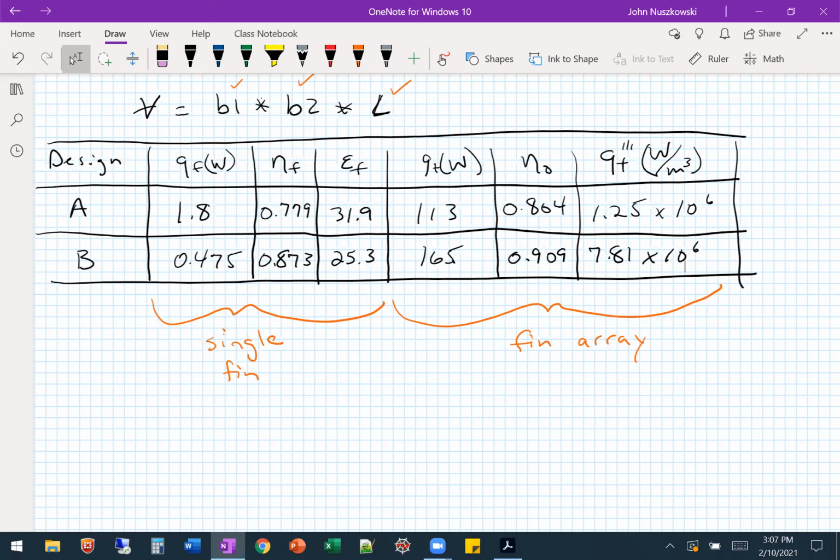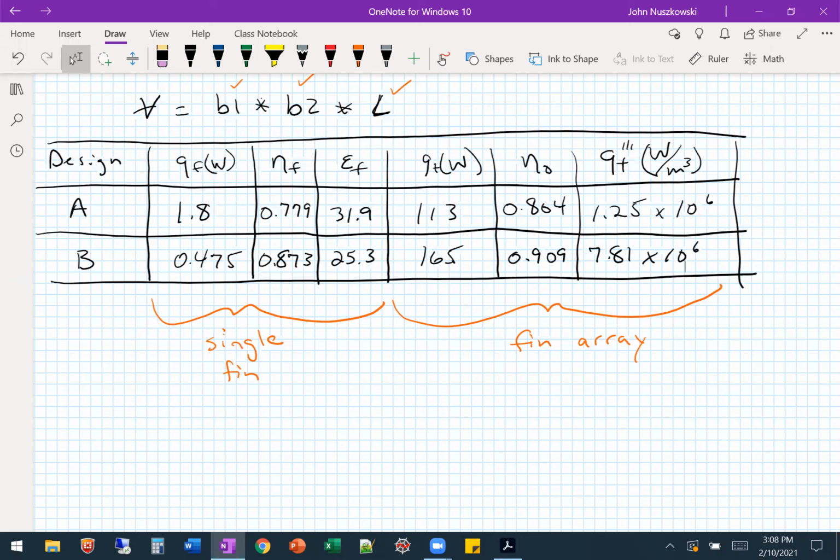Yep, for B. So why is the heat coming off of one single fin for design A higher, and we're still interested in design B? There's a larger surface area for a single fin for A, but B just had a better volumetric heat loss in total.